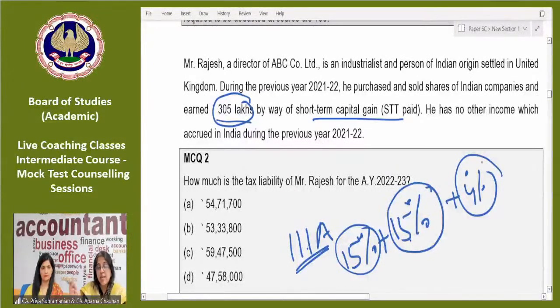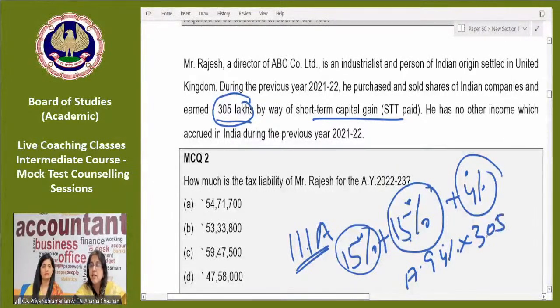He has no other income, that you cannot adjust. This is another thing. So basically you have to apply 15% plus 15% surcharge: 15 into 1.15 into 1.04, that will give you 17.94% of 305.